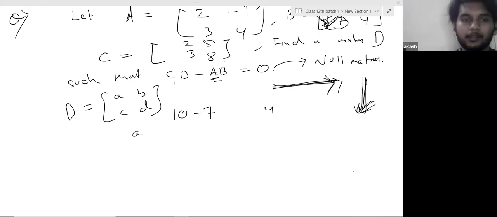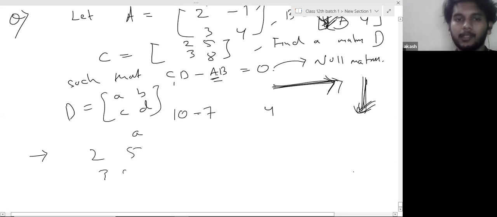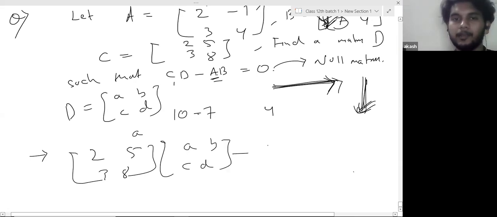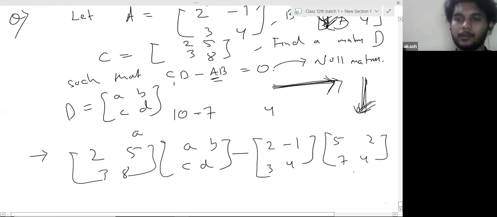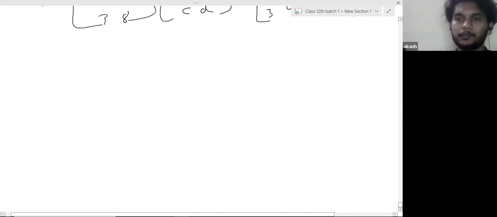So we have to find the matrix first: [2 5; 3 8] multiplied by [A B; C D], minus [2 1; 3 4] on this side, and on this side [5 2; 7 4], and this equals 0. They are given.